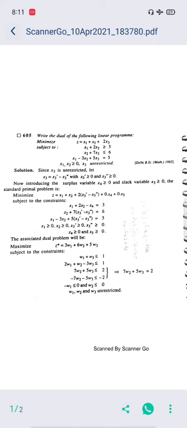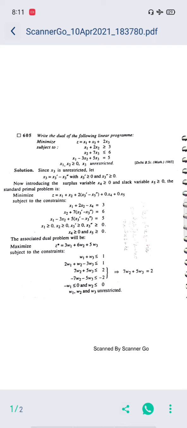Okay, and we also know that the RHS of the primal constraints become the coefficients of the objective function in the dual problem. So our objective function becomes some Z star equal to 3w1 plus 6w2 plus 5w3 subject to some constraints.